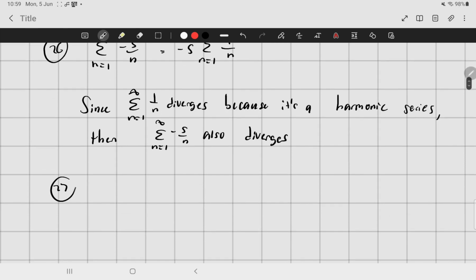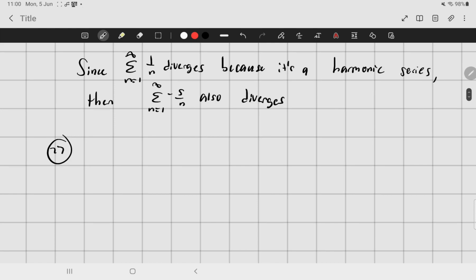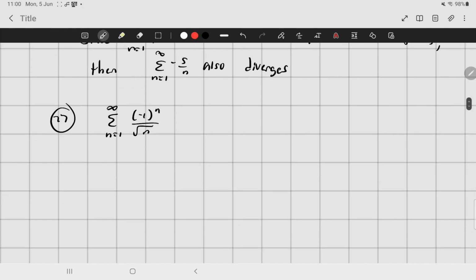So now you want to see whether it diverges or converges conditionally. Okay, right. So we have the sum from n is equal to 1 to infinity of negative 1 to the power of n over square root of n. We know by putting the absolute value, let's say this is our a_n.